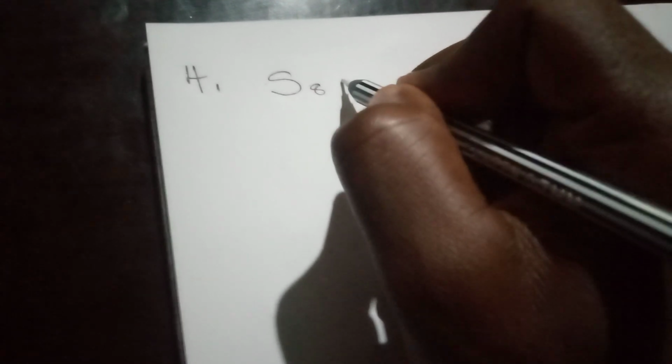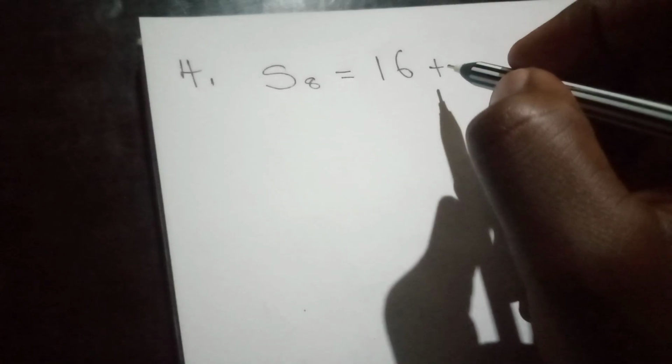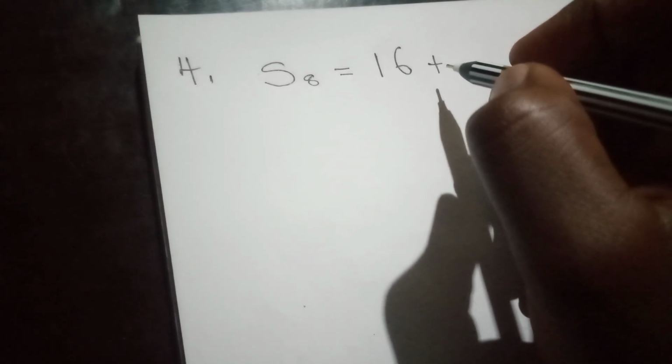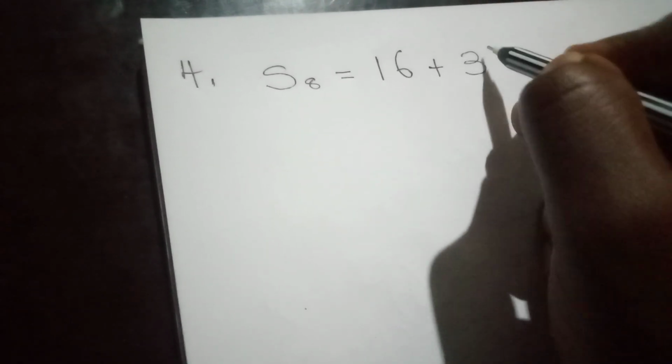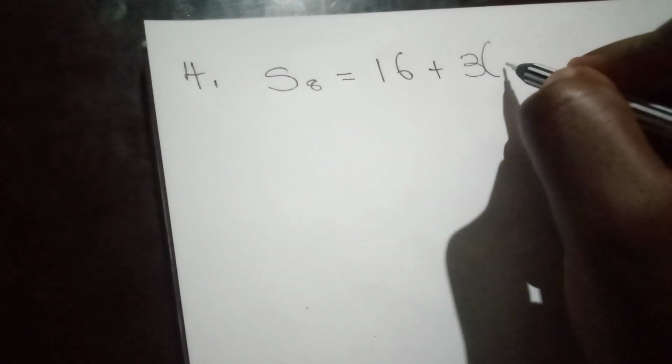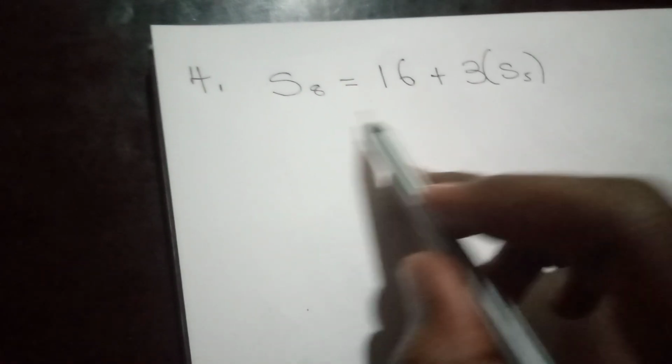Given that the sum of the first 8 terms of the AP is 16 more than 3 times the sum of the first 5 terms. So this is the relationship that I've formulated there.